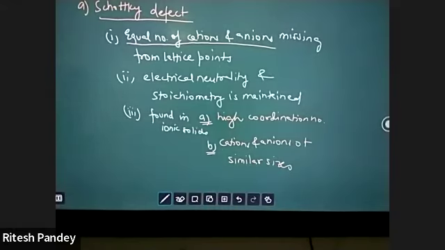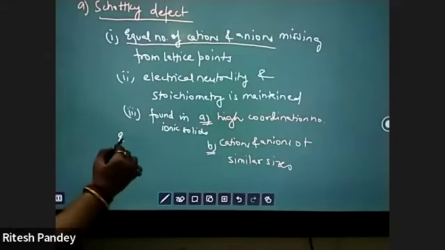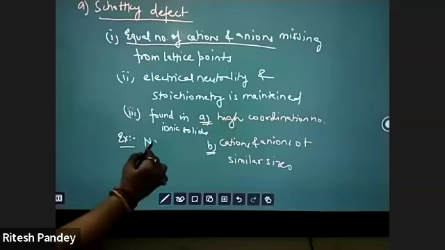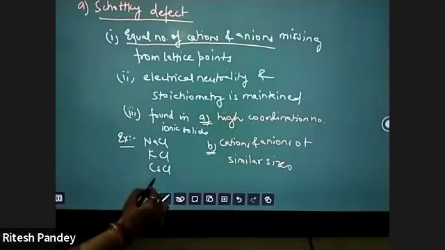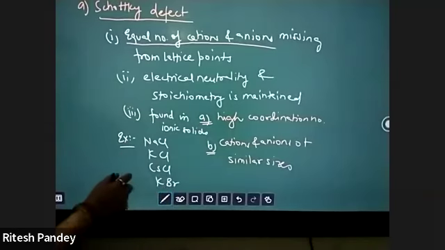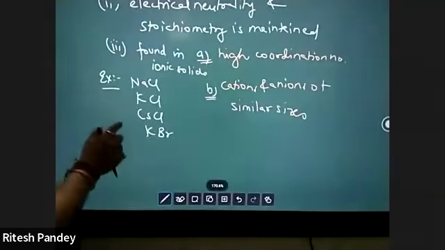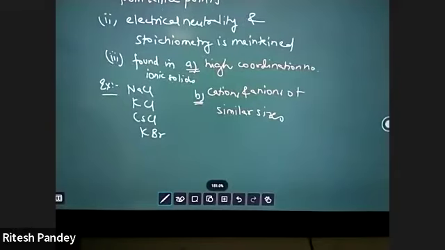The most common are group 1 halides: sodium, potassium, cesium chlorides, bromides. I repeat, I hope you're noting it down.